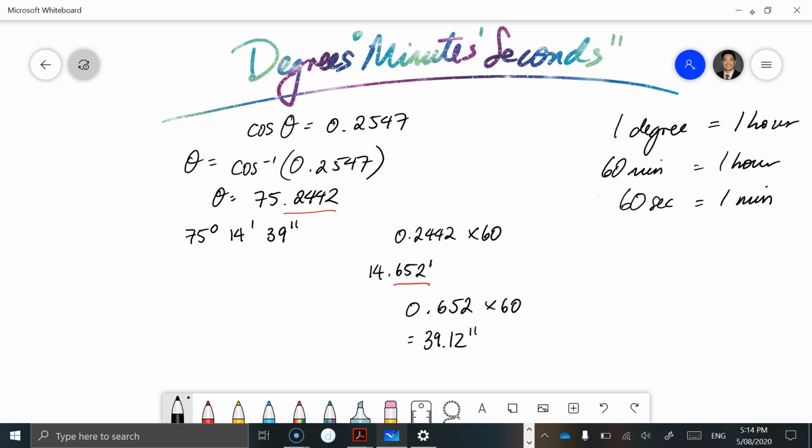Obviously 14 minutes is below the halfway mark of an hour, so you would round it off to 75 degrees. If you rounded it to the nearest minute, 39 seconds is above the 30-second halfway mark, so then it would be 75 degrees and 15 minutes.